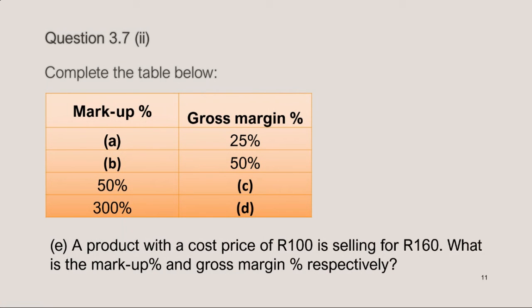Now, we showed you how to do A. Now, guys, show me how to do B. It's the same principle. What is the markup percentage for B, based on the information they've given you?